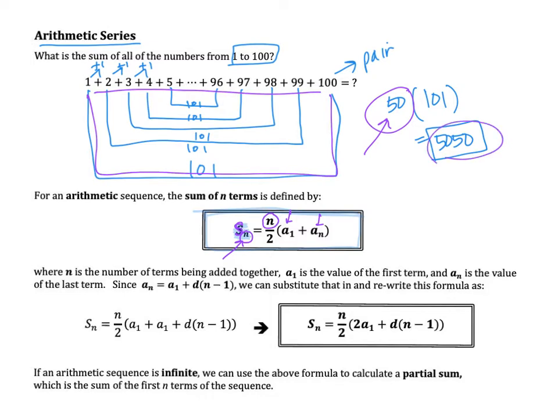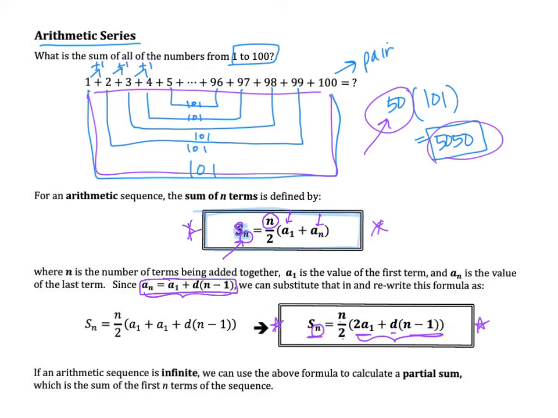Now, this is not the only formula that we're going to give you on the formula sheet. We're also going to give you the second one. That's the sum of the first n terms is n divided by 2, but now we have 2a sub 1 plus the common difference times n minus 1. Okay, why? How did we get this? Well, hopefully you're remembering our last lesson, lesson 1, which talked about the arithmetic sequence.